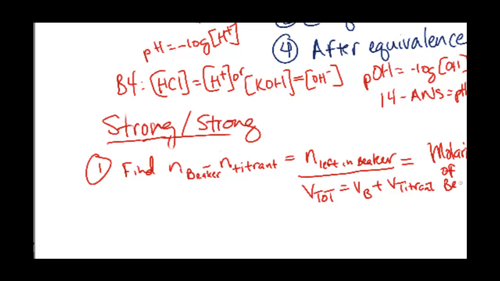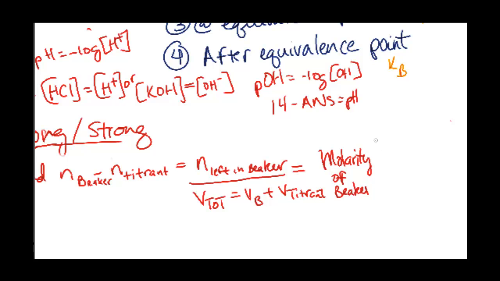And again, if it's an acid, find pH by doing negative log of H. If beaker is acid, do the negative log of H. Because even though this is the beaker, right? Beaker is strong. Strong equals proton concentration.